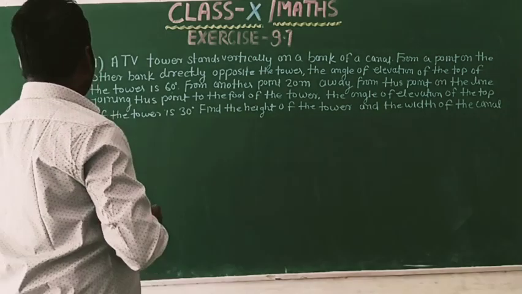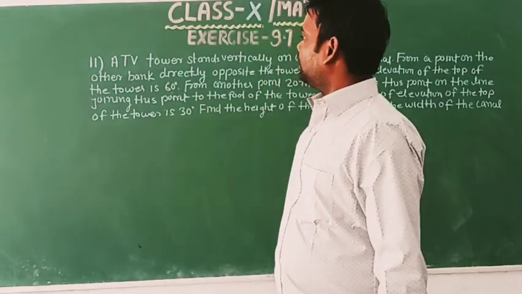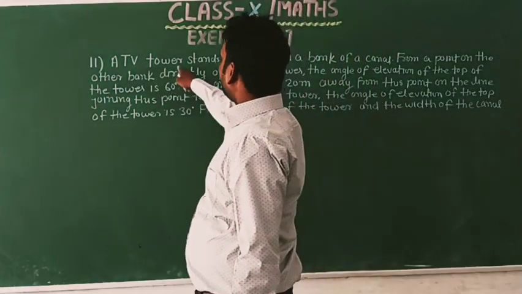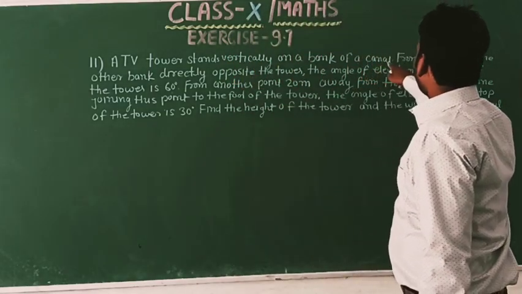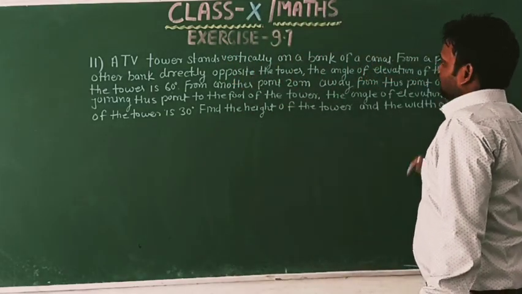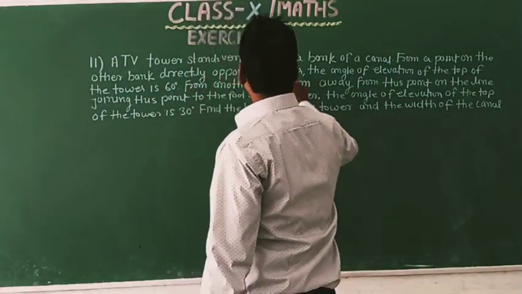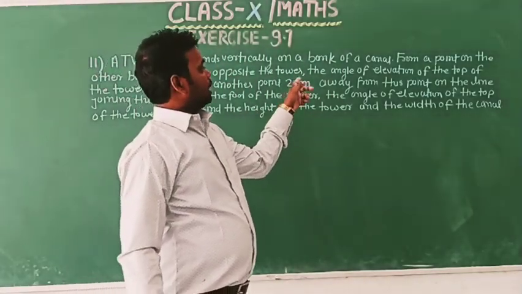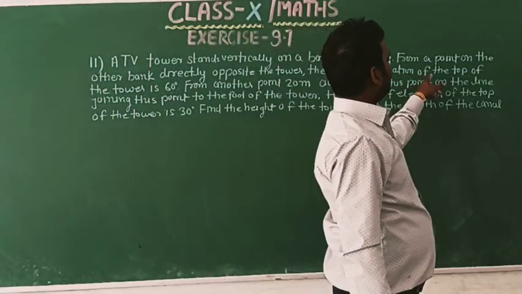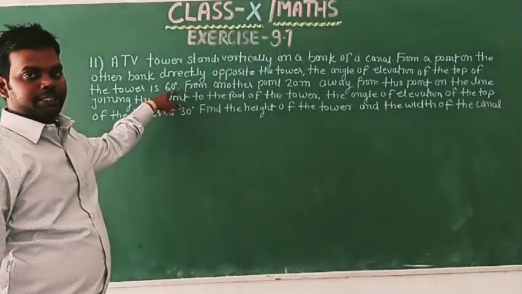Now move to question number 11. A TV tower stands vertically on a bank of a canal. From a point on the other bank directly opposite to the tower, the angle of elevation of the top of the tower is 60 degree.